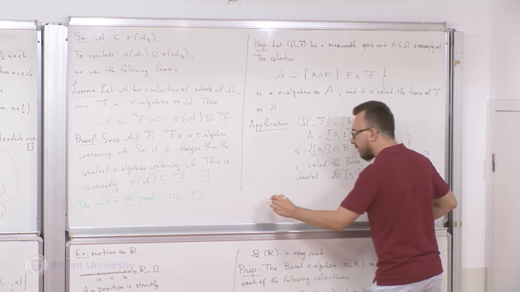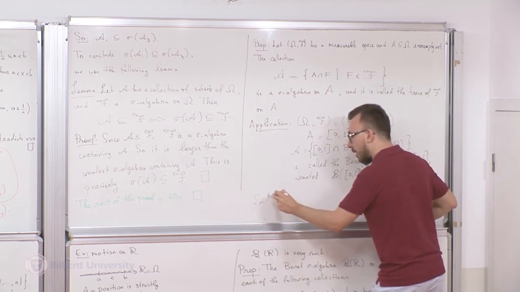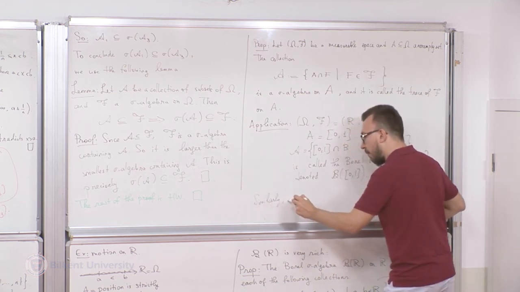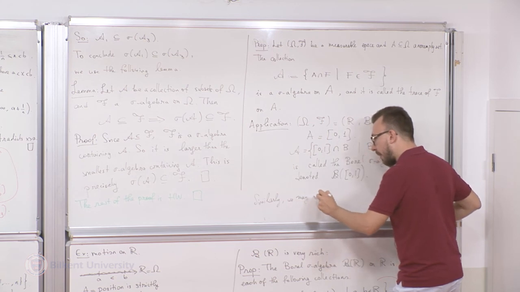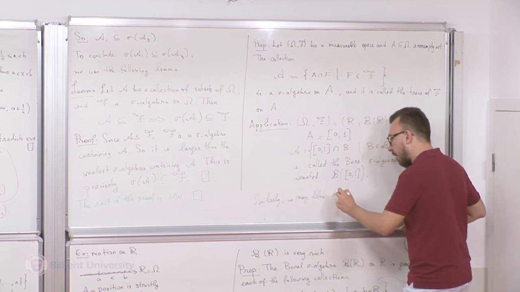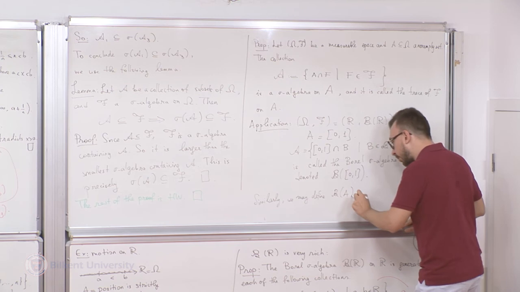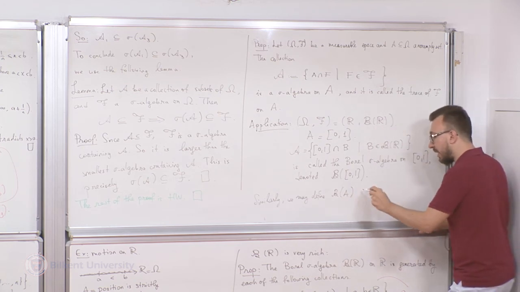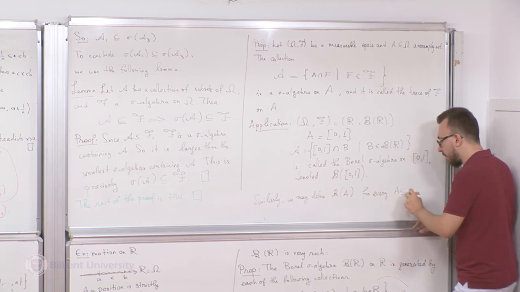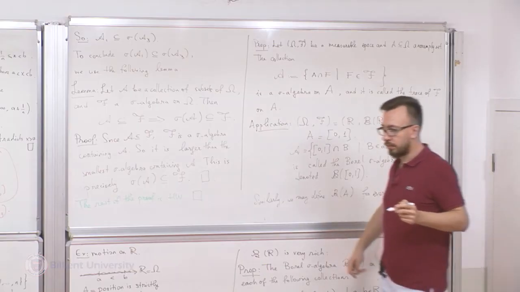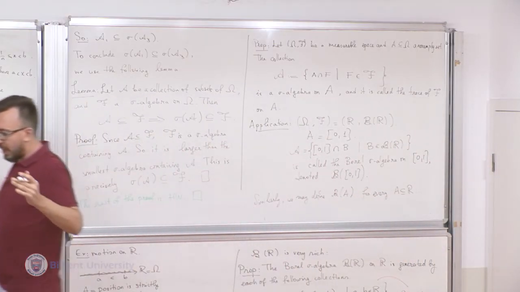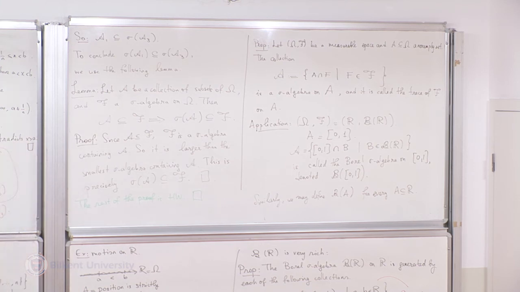Similarly, we may define the Borel sigma algebra on any subset of the real line. Just take Borel sets of the real line, intersect them with your smaller space of interest. You get a new sigma algebra. Okay?